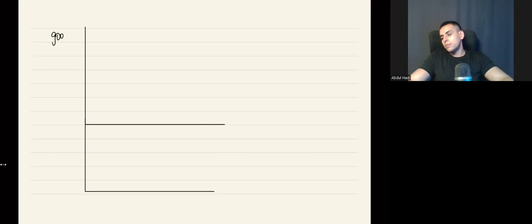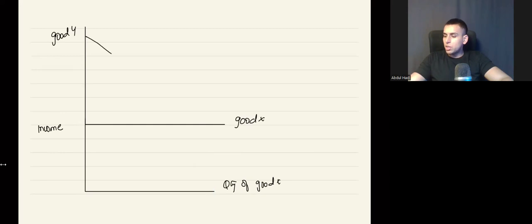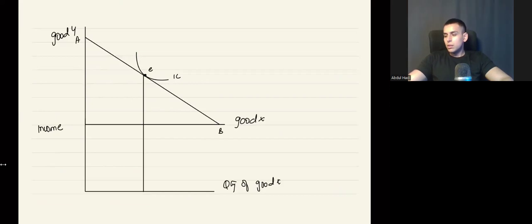This is my good Y and this is my good X. Now this is my initial budget line AB, this is my initial indifference curve IC in the center, and this is my initial equilibrium point E, with quantity X. Now due to a decrease in my income, my budget line will shift leftwards like this from AB to CD, regardless of the nature of the good.